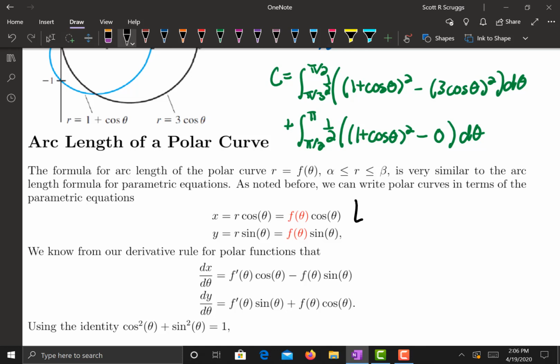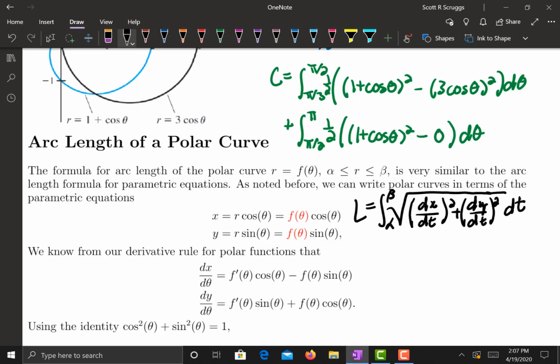Recall from our section on parametric equations that the arc length of a parametric equation is the square root of the derivative of x squared plus the derivative of y squared.